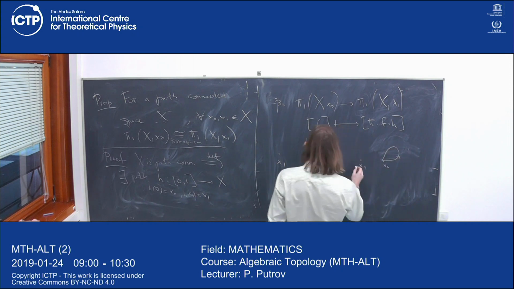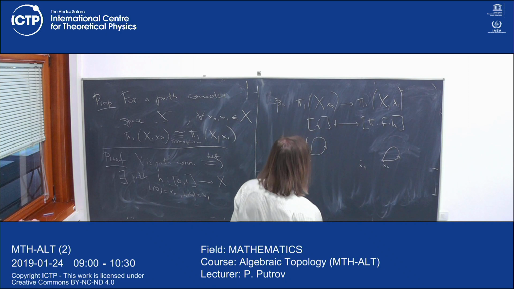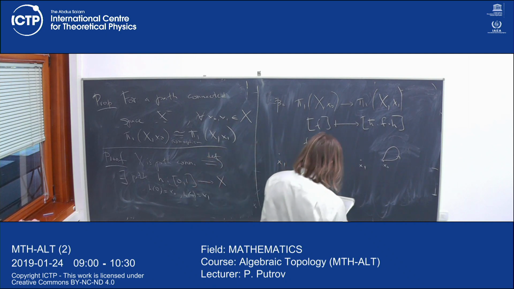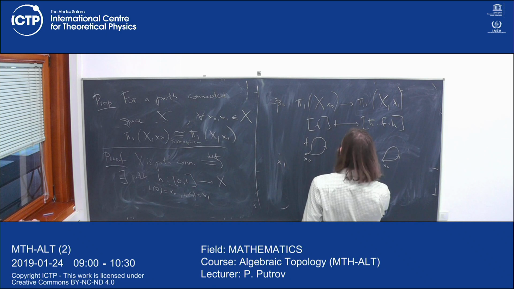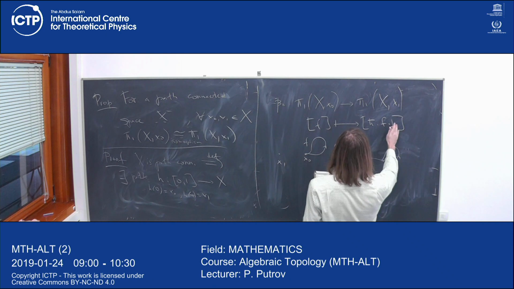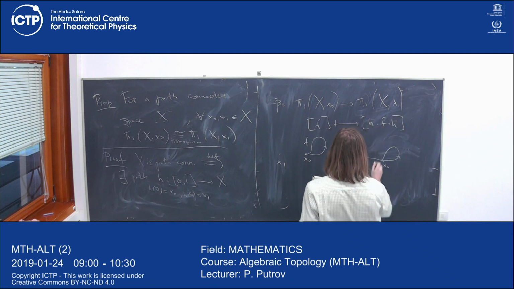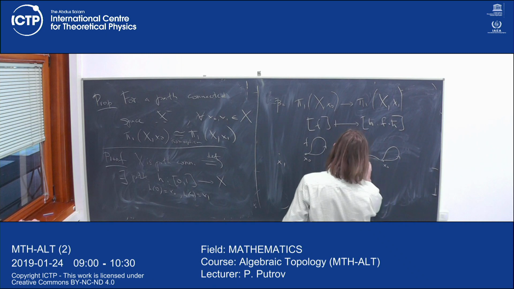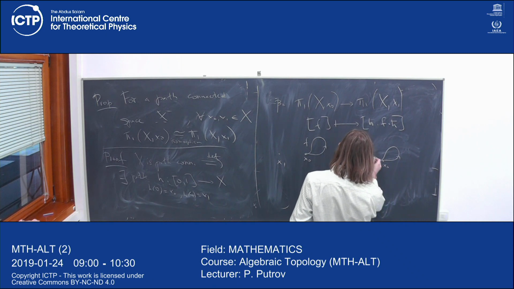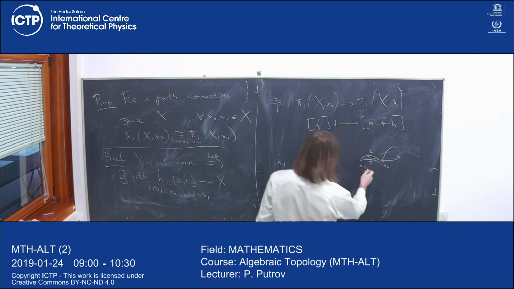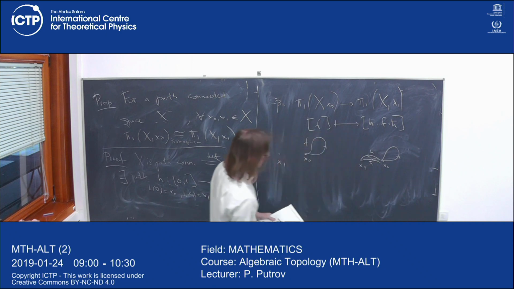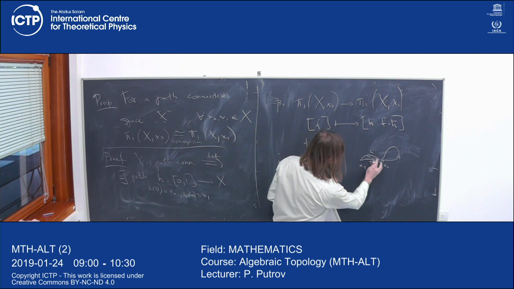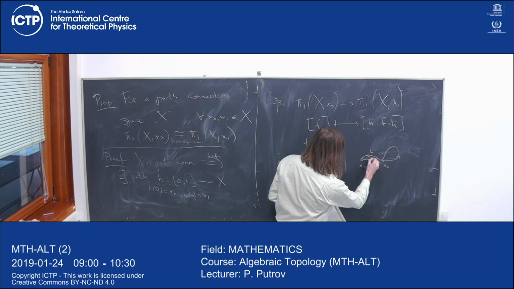So what I want to do is, h goes from x0, this is h and this is h bar, it kind of repeats the path.